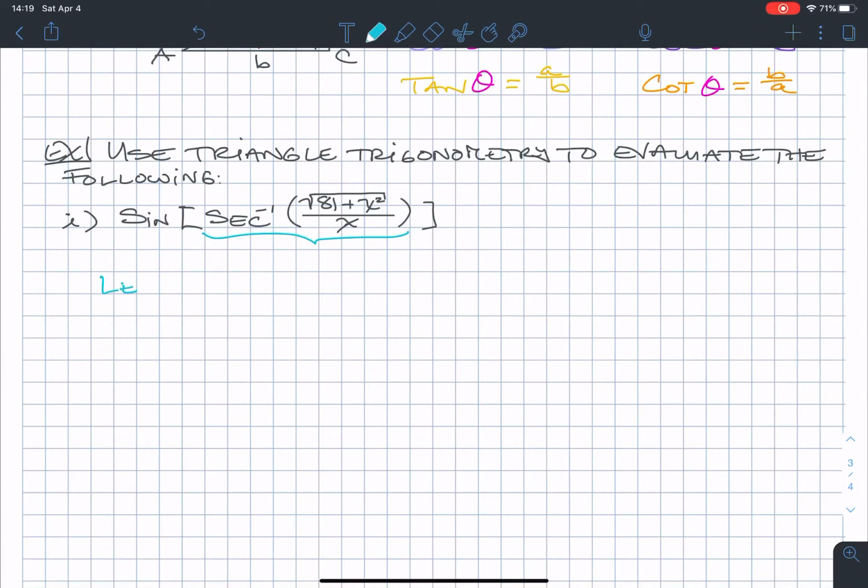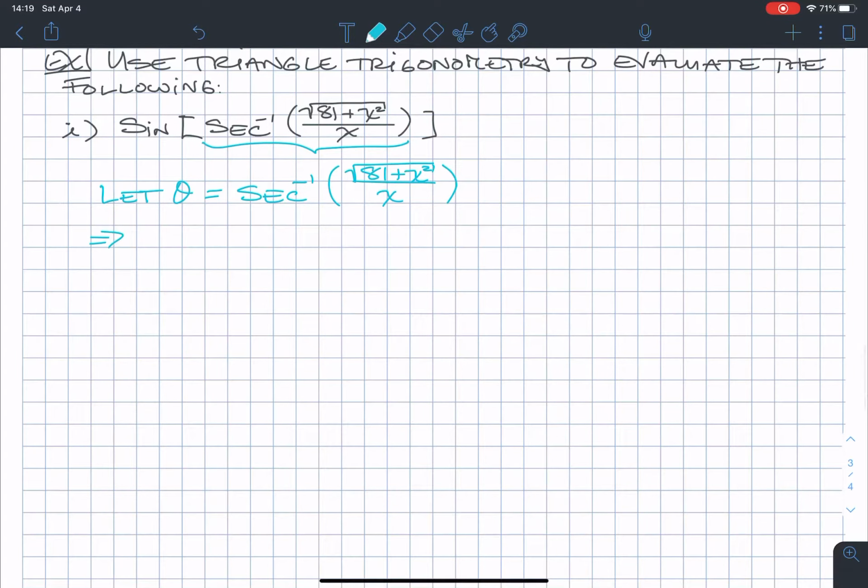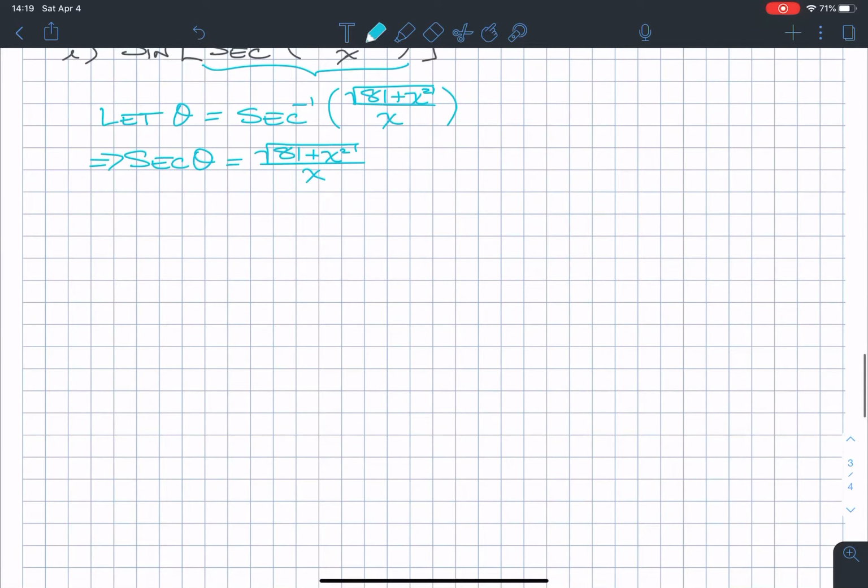So our first step is to let theta be secant inverse of the square root of 81 plus x squared all over x, because that's equivalent to saying regular secant of theta is the square root of 81 plus x squared all over x, which of course is equivalent to saying cosine of theta is x over the square root of 81 plus x squared.